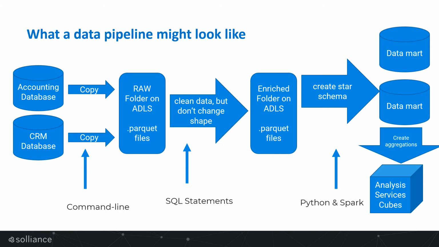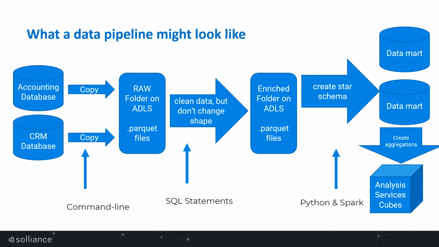And then we might go and use Databricks and Spark or Synapse and Python to create star schemas and store it into different Azure SQL databases or Azure Synapse dedicated SQL pools or wherever we decide to store it, right? And then we decide to create aggregations, and maybe we store that in Analysis Services cubes, and we allow DAX to create the aggregations, or maybe we use aggregation tables like I told you Dustin prefers, and we create pipelines to build those aggregation tables, right?